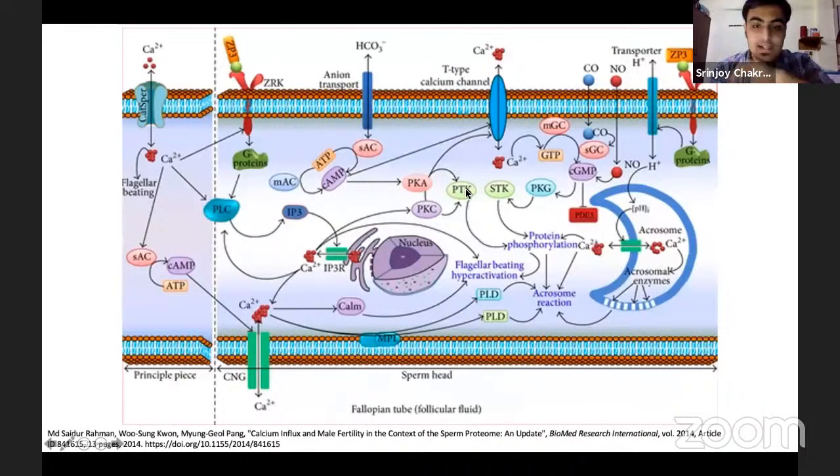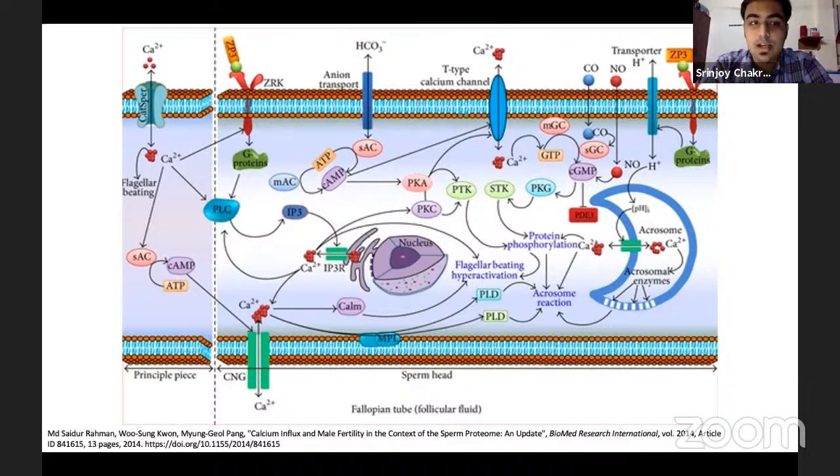This is a very complicated slide, but these are the various biochemical pathways wherein we want to study how the calcium ions interact with the various downstream processes. Once the calcium ions enter through the membrane channels, how do they regulate the entire phenotype of motility?